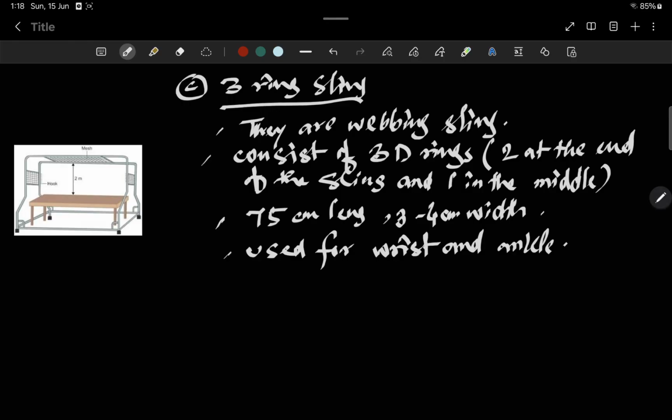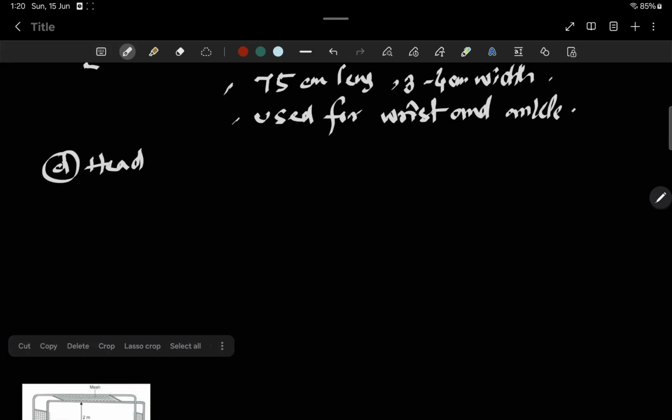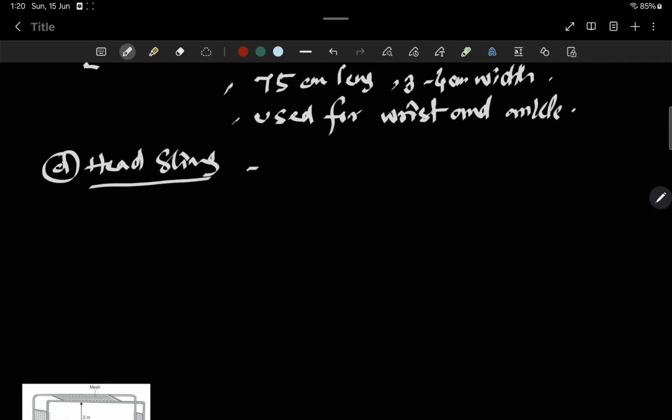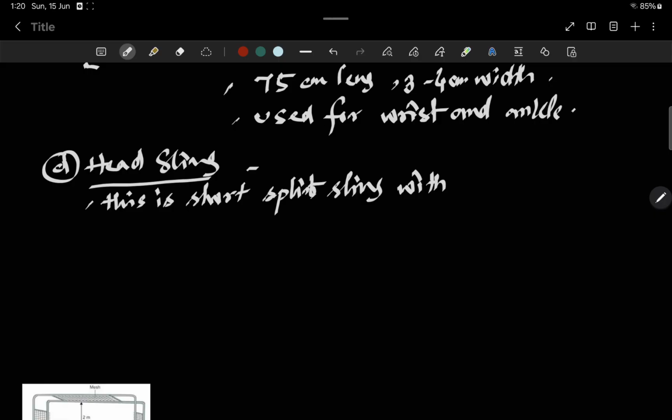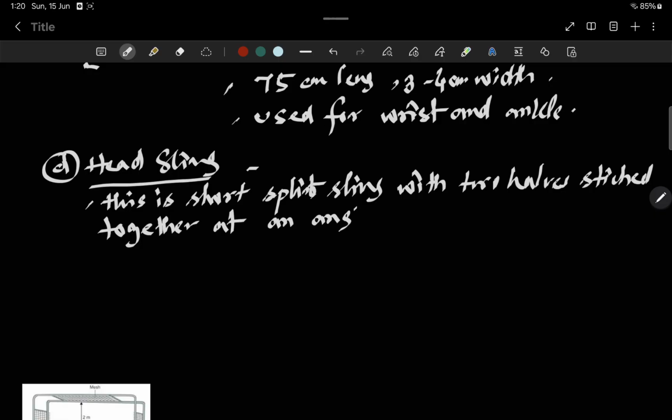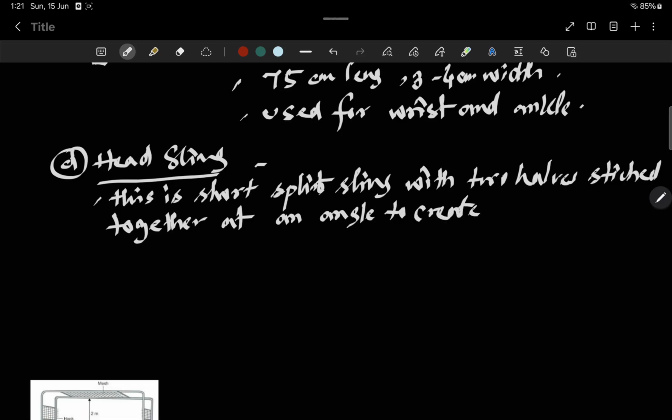Four is the head sling. This is a short split sling with two halves stitched together at an angle to create a central slit.